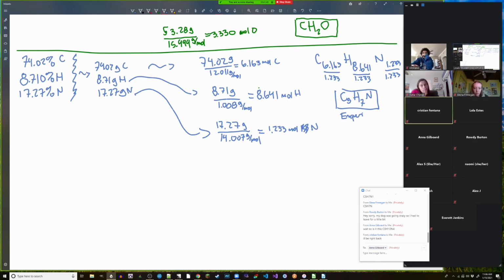So here's our empirical formula, at least. I think I misspelled that. So that's the empirical formula. But if we want to get the actual formula, we need the extra information about the actual mass of this molecule, right?